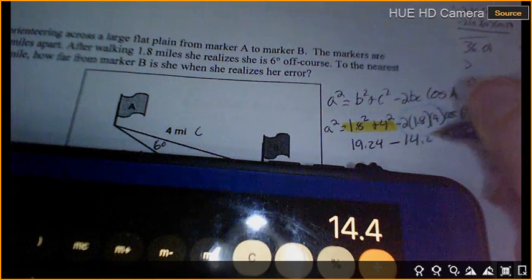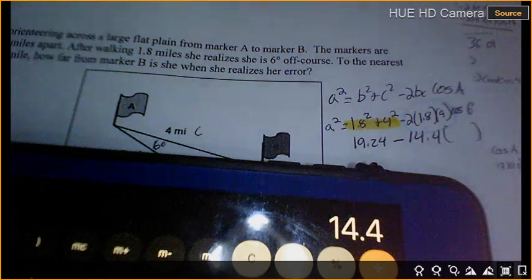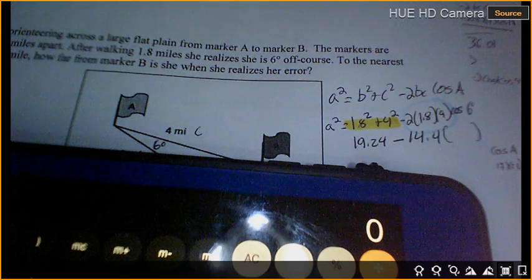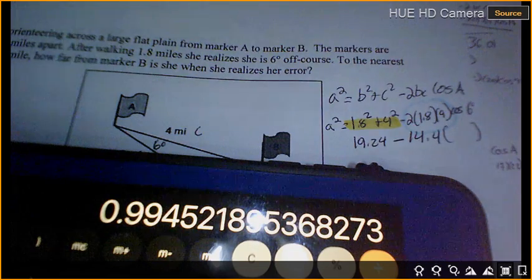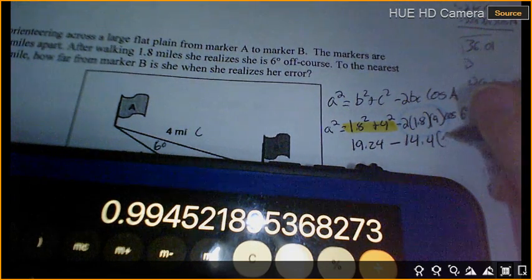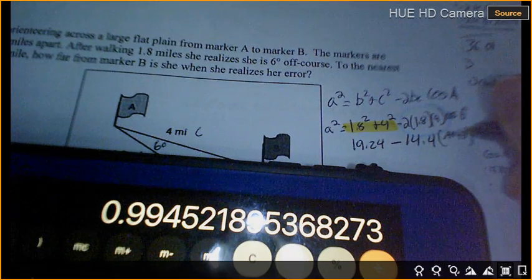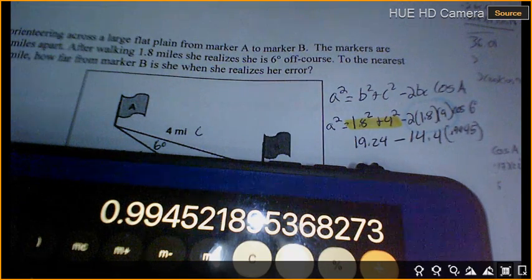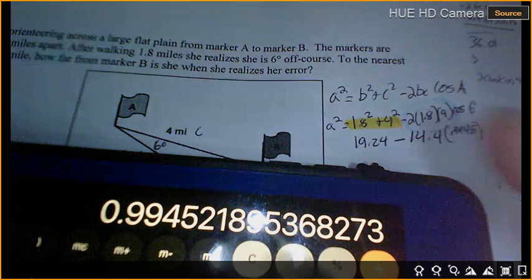And then I'm going to times that by, I'm going to hit 6 and then hit cosine, and I get 0.9945.